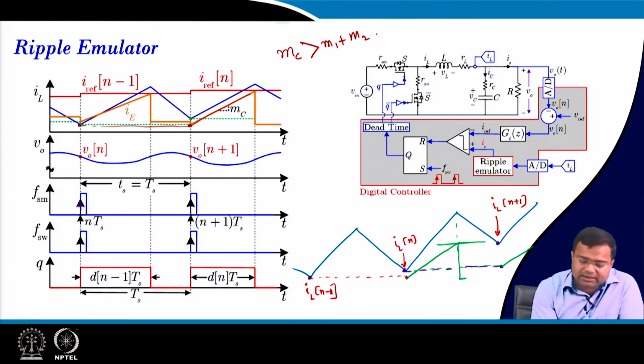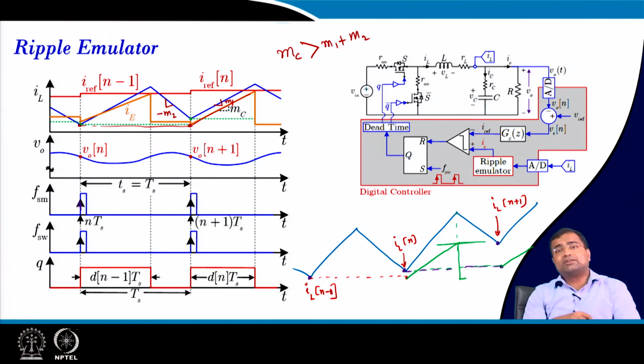That means M2 is the falling slope of the actual inductor current, and M1 is the rising slope of the inductor current. So, this MC has to be greater, otherwise the inner current loop will be unstable, and that can be proved. But what I am showing here is that you need to add a ramp to emulate this current.